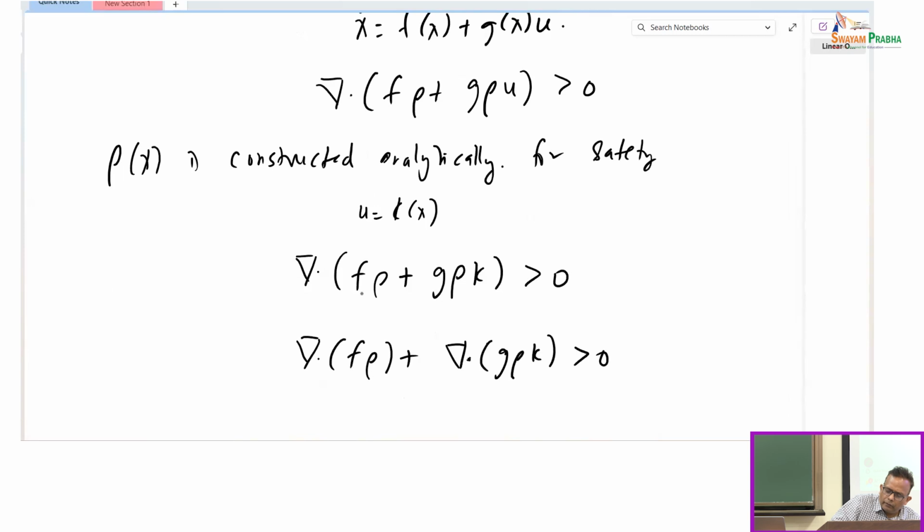So what is the problem now? I want to find a k such that these constraints are met, where the rho is already defined analytically, which captures the safety requirement, right? If I'm able to find a k such that this inequality is satisfied for a given rho, then I'm solving the navigation problem.